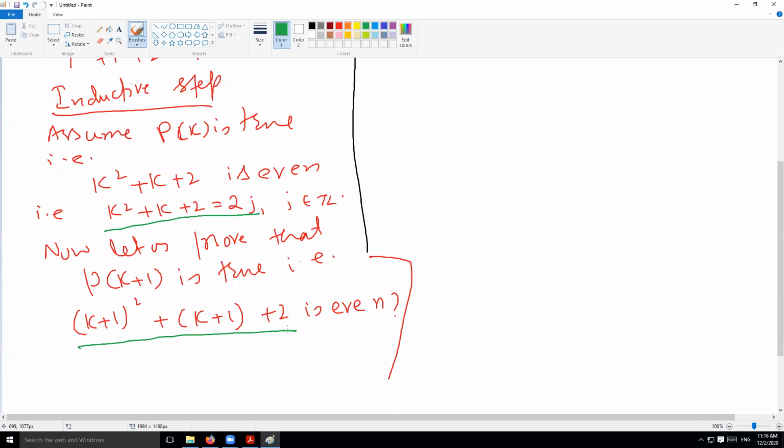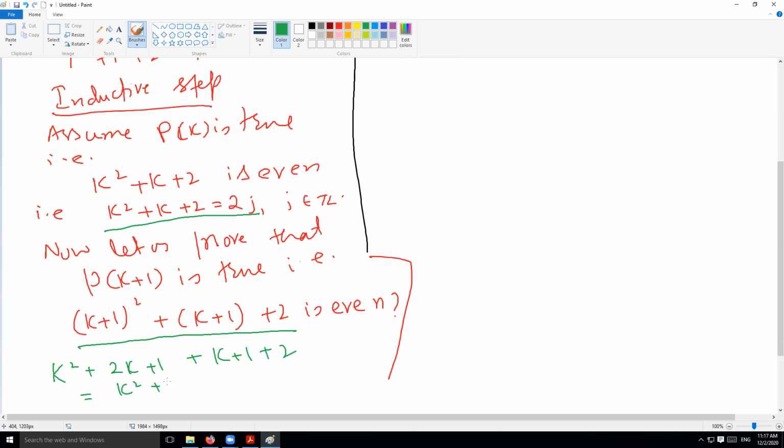Expand. So let's expand. If you expand, what you're going to get? k square plus 2k plus 1 plus k plus 1 plus 2. And now if I rewrite this expression, separate k square plus k plus 2. There is no need to subtract, separately.